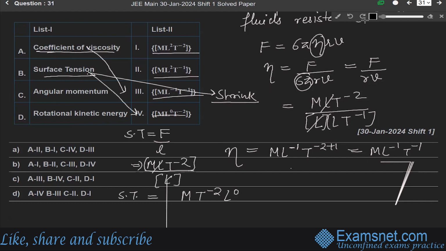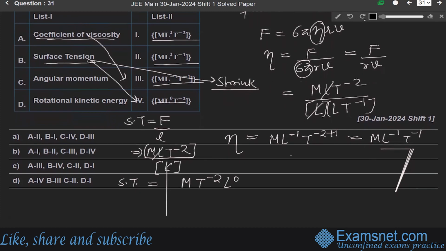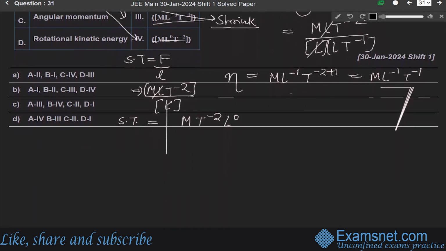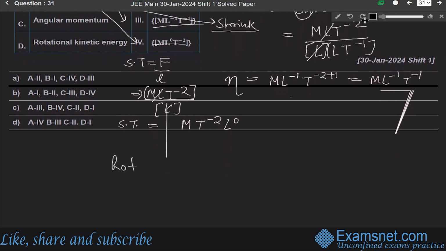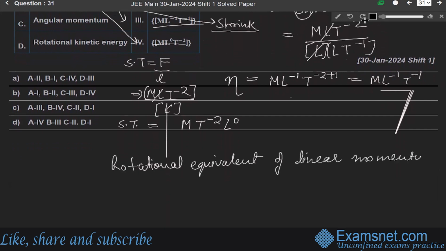Now the third one is angular momentum. Angular momentum is a physical quantity that is the rotational equivalent of linear momentum. It is also a conserved quantity, which means that the total angular momentum of a closed system remains constant.